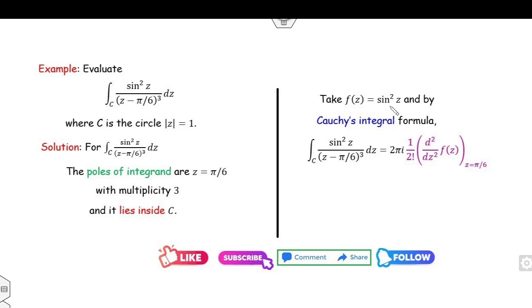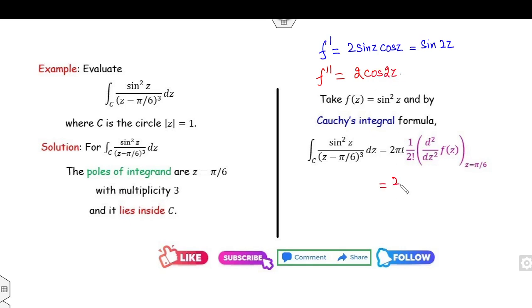So can you find the second derivative? The first derivative will be 2 sine z into cos z, which I can write as sine of 2z. So the second derivative will be 2 cos of 2z.